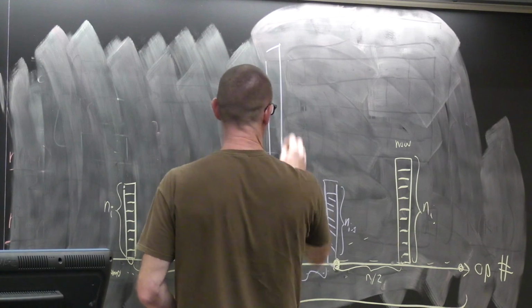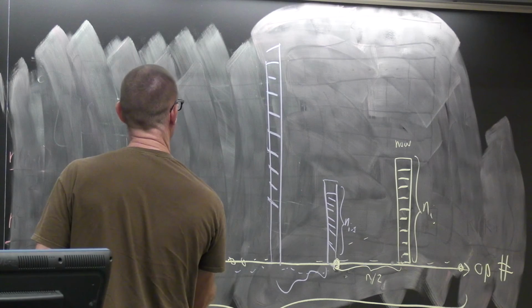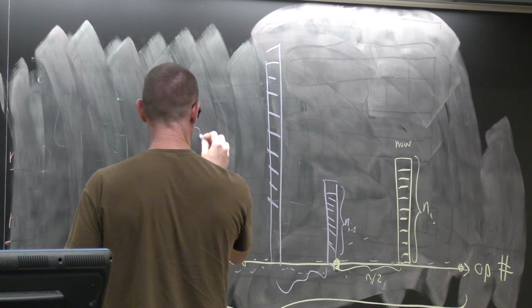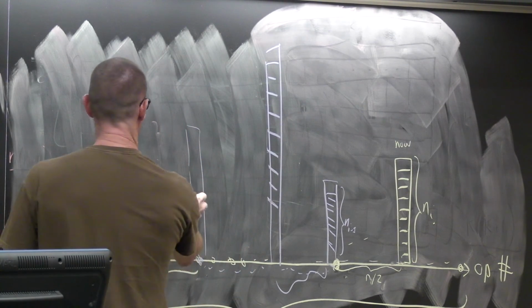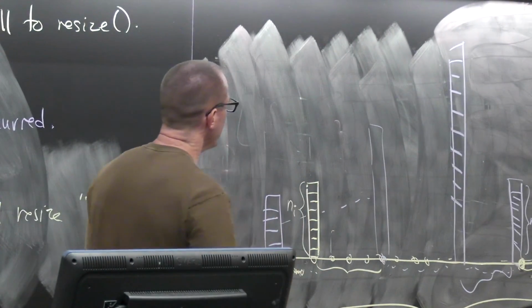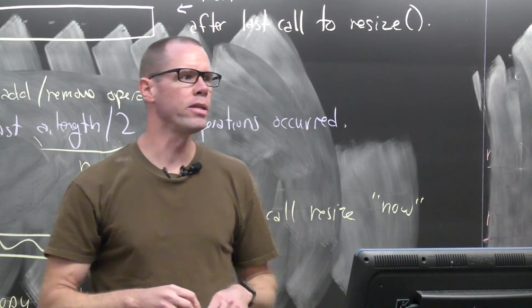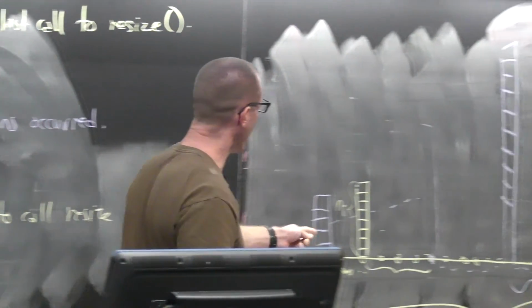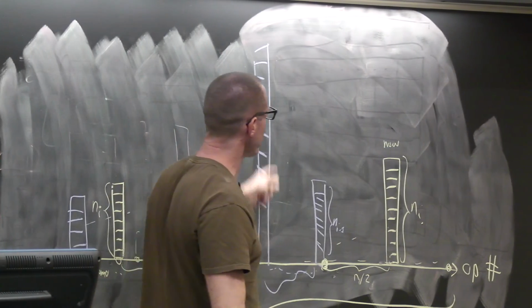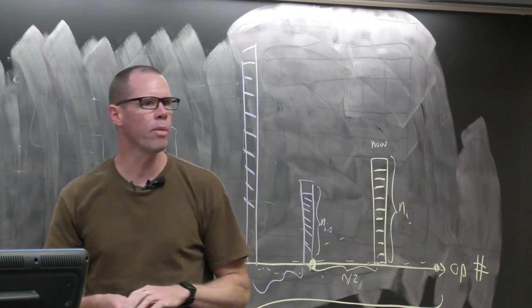Then there's another one maybe over here, a huge one, but then this gap is bigger, and so on, all the way back to the beginning. So what I'm counting is how much work is done by resize. I'm counting up how many elements were copied in total by resize. That's adding up all the heights of these stacks that I've made here.